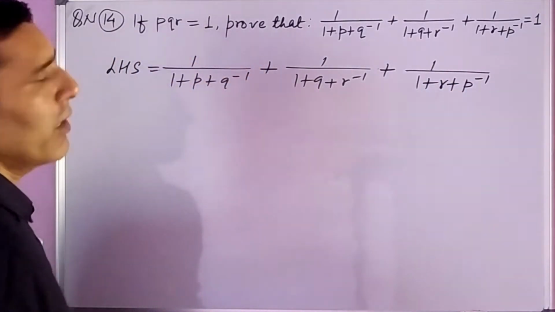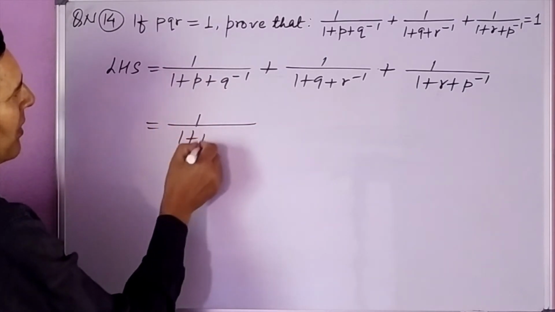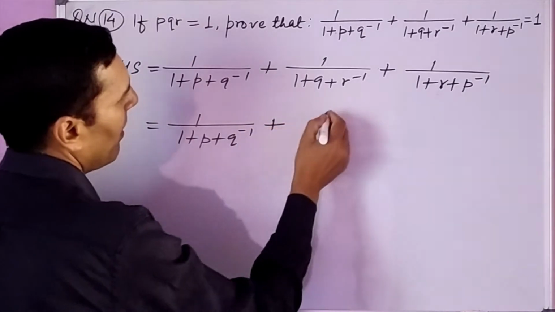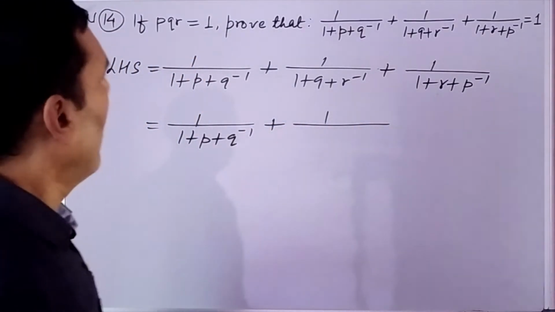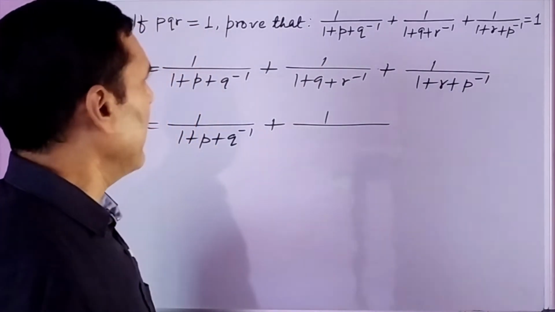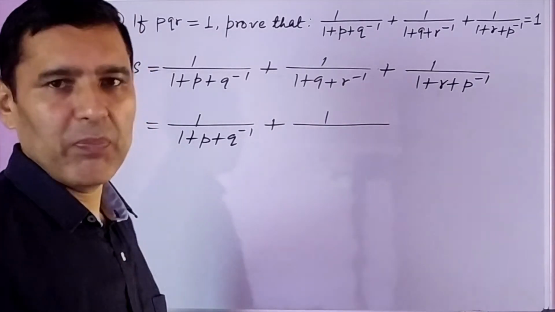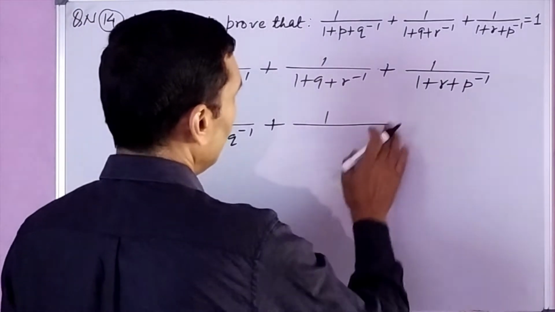Here we leave the first denominator as it is, 1 plus P plus Q to the power minus 1, and now we change the second and third denominators. One easy way to get the same denominator here is removing one letter, either P or Q or R. How is this possible? With the help of the given condition.